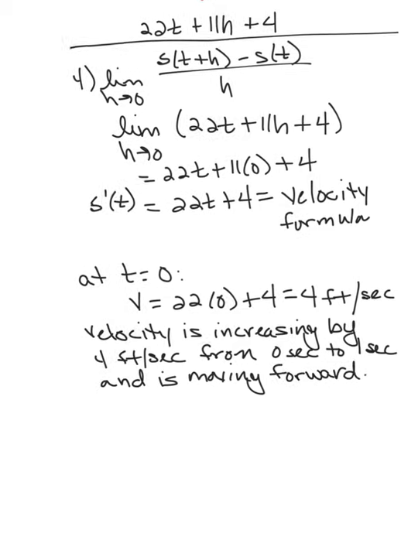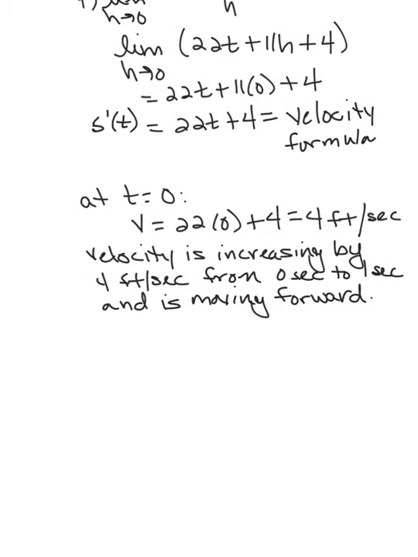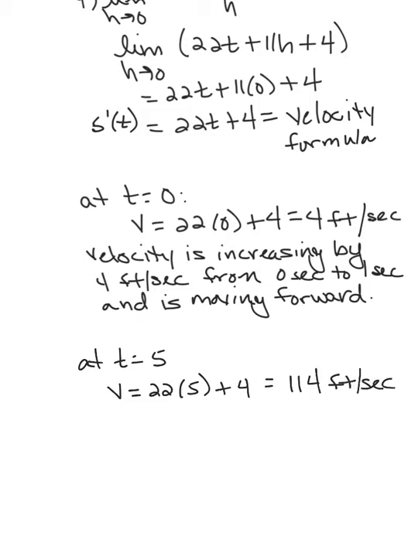So let's look at the other that we were to do. We were supposed to do at t equals 5. Our velocity at 5 will be 22 times 5 plus 4. That will give us 114. Again, our label will be feet per second.